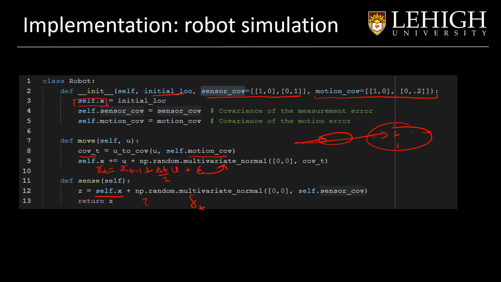So it will be z equals ct equals xt plus the error, and this is the way we obtain a Gaussian error. This is a pretty simple probabilistic robot that moves with an error, and it also gives the location with an error.